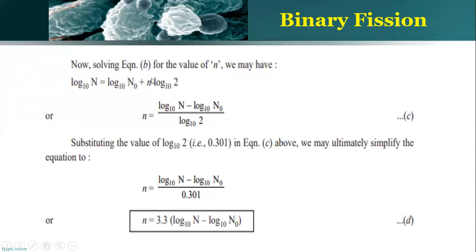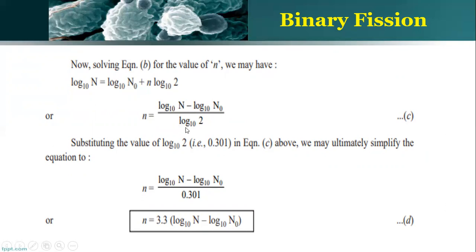So here n, the number of generations, has been calculated using the formula log base 10 N, that is log of total population, minus log base 10 N naught, that is log of initial population, divided by log base 10 2.